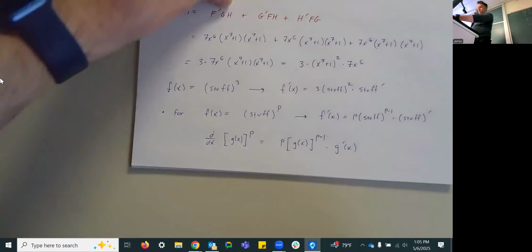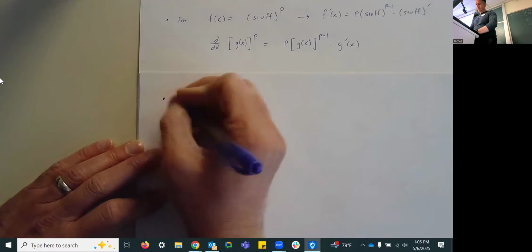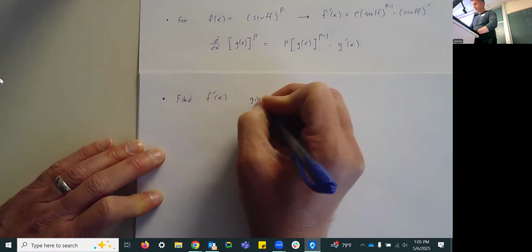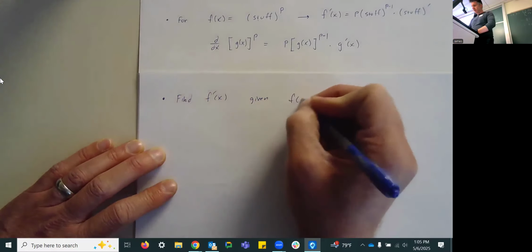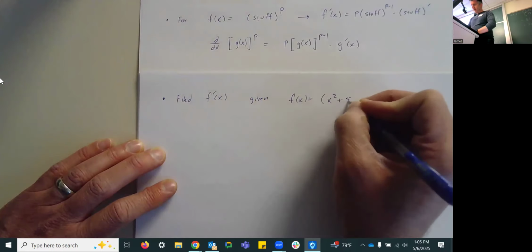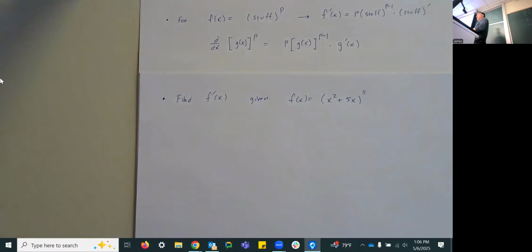For example, say I wanted to find f prime of x, given that f of x is equal to (x squared plus 5x) to the 11th power. I could do it the same way I did the previous one: multiply it out 11 times and use the product rule and write out 11 things added together, but I don't need to do all that.